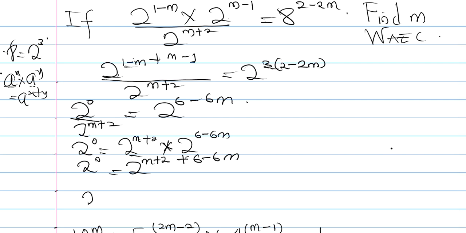We have m minus 6m, which is minus 5m, and 2 plus 6, which is 8. So let me divide this line into 2.